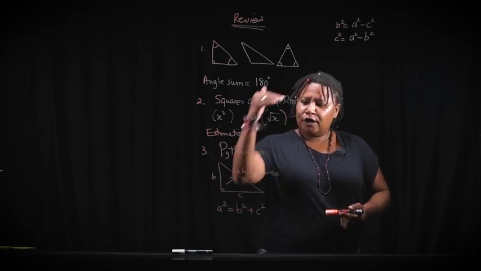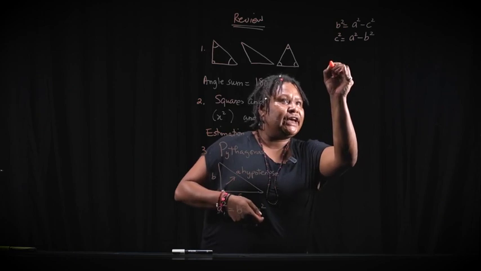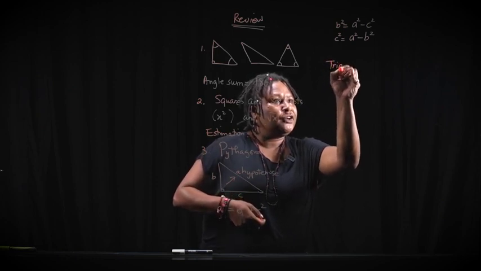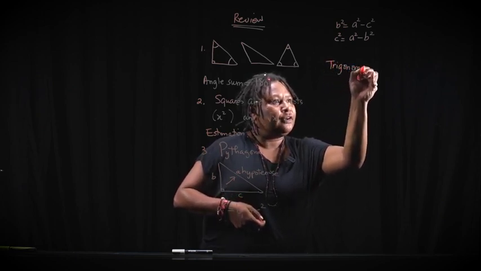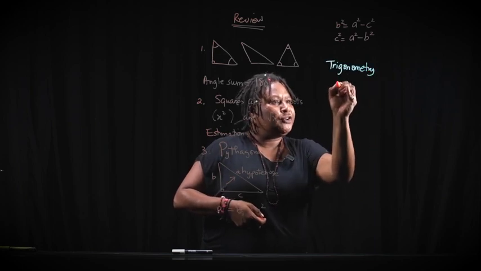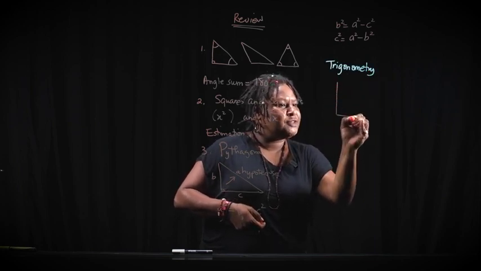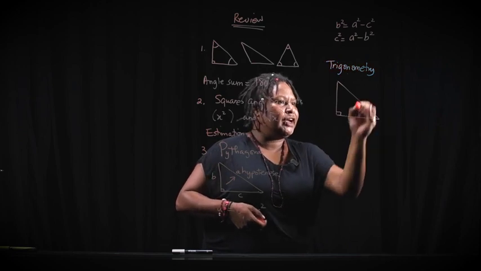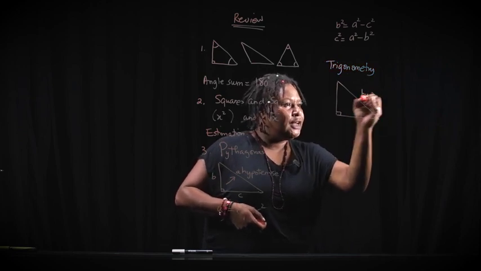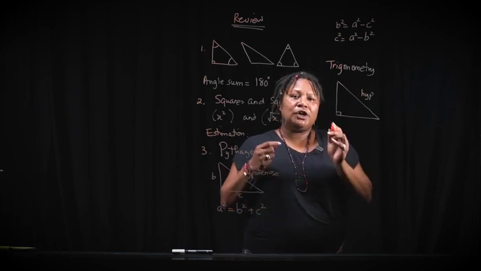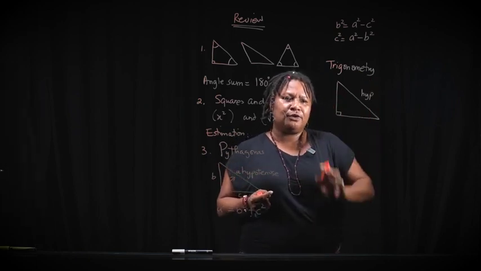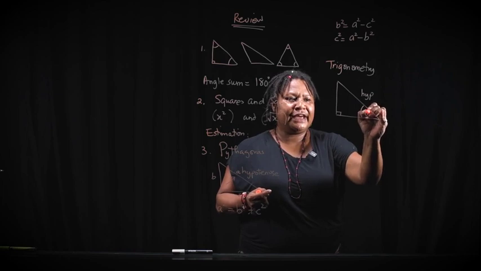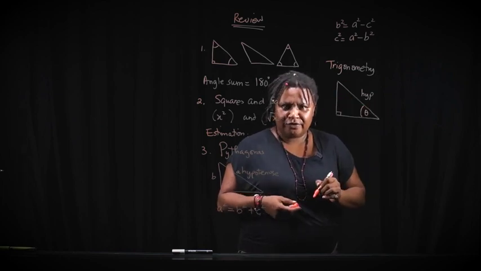Following Pythagoras, we looked at trigonometry. Trigonometry still aims to find the length of sides in a right angle triangle. The difference here is we're not only using the sides of a triangle, we are using the angles in the right angle triangle.